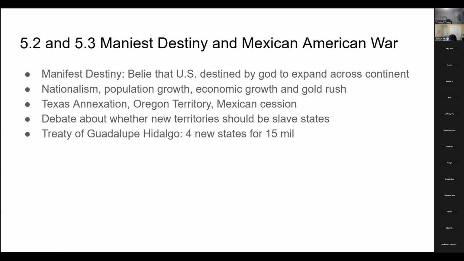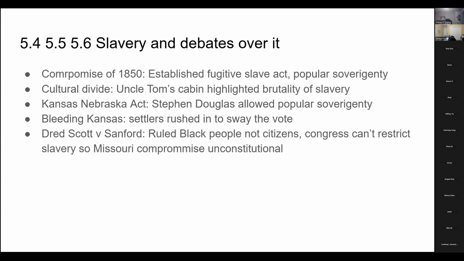The Treaty of Guadalupe Hidalgo ended the Mexican-American War. There were four new states, California, Arizona, New Mexico, and I'm pretty sure Texas. They were all admitted to the Union, but in return, America had to pay 15 million for them. But with these new states, it was still so hard to determine whether or not they should be slave states or not. This divide started growing even more, and this is one of the roots of the Civil War.